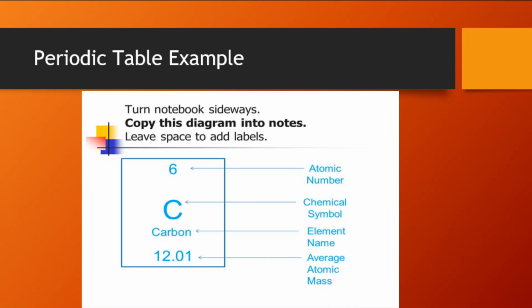We'll talk more about those things as we move forward, but that's a bit of the information we can take away from the periodic table. Now, I want us to break down what the atomic number actually tells us. What does that even mean?